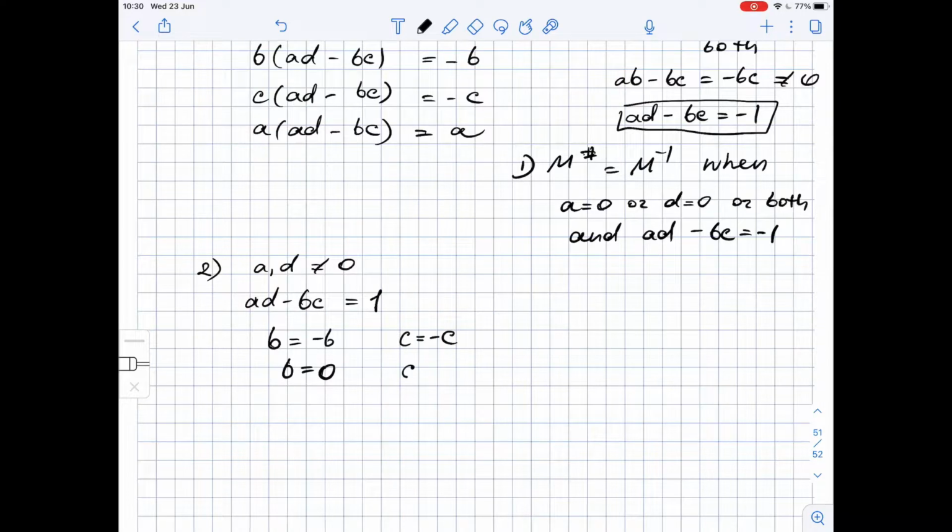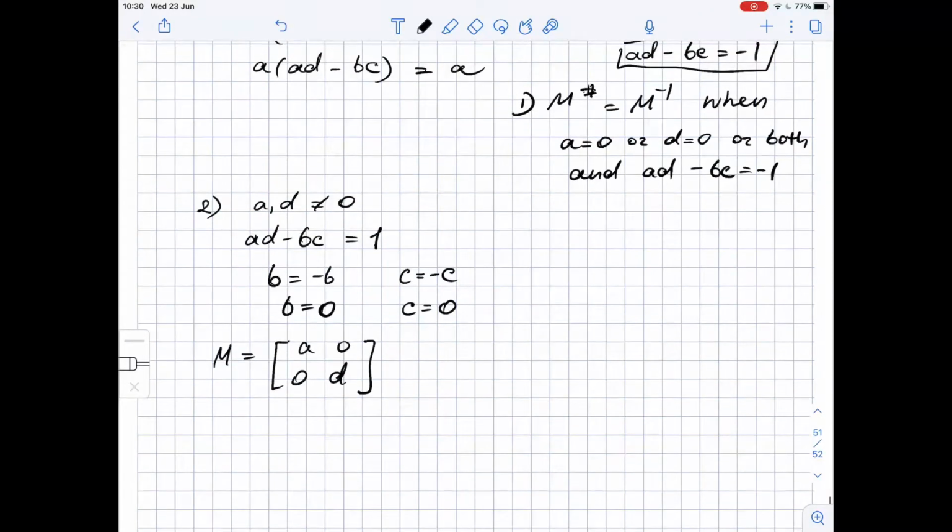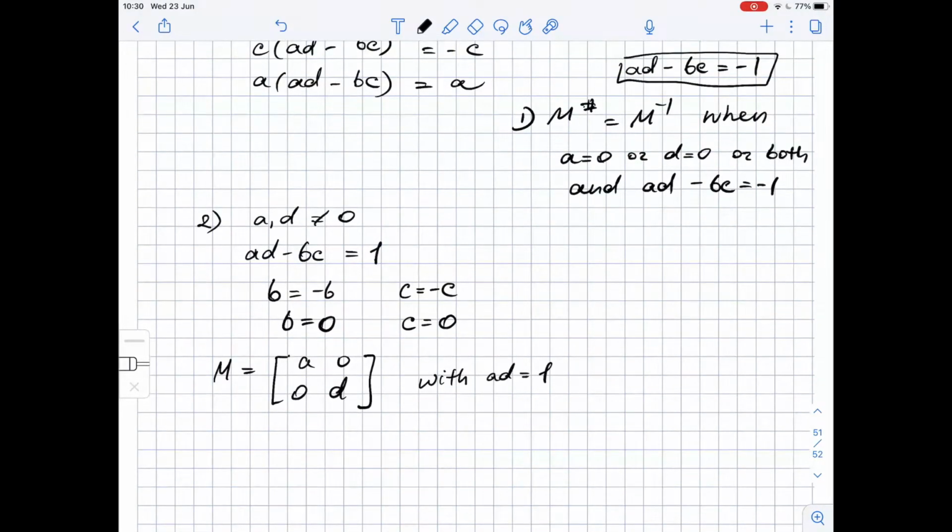Similarly, C equals negative C and C equals 0. So M in this scenario looks like [A 0; 0 D], with AD equal to 1. So this is our second scenario. So our solution, our answer to this problem consists of these two parts.